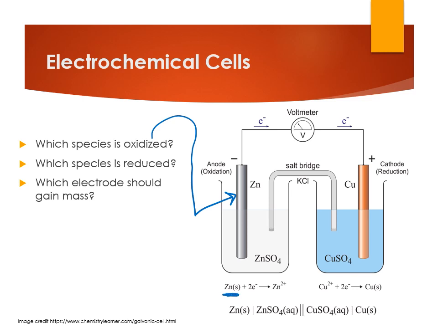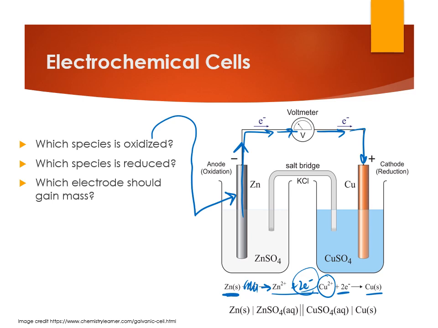Zinc is going from solid zinc, and we put those 2 electrons over here. So zinc is losing 2 electrons. Those 2 electrons are going to flow through the wire over here to copper. The copper ions are going to grab those 2 electrons and turn into solid copper.